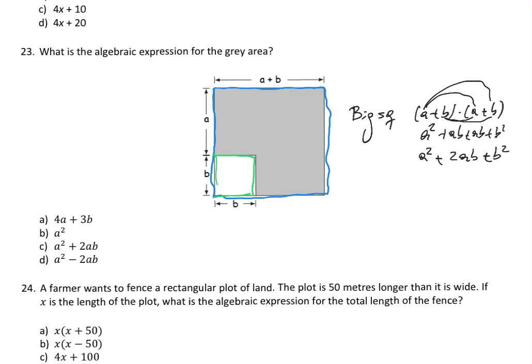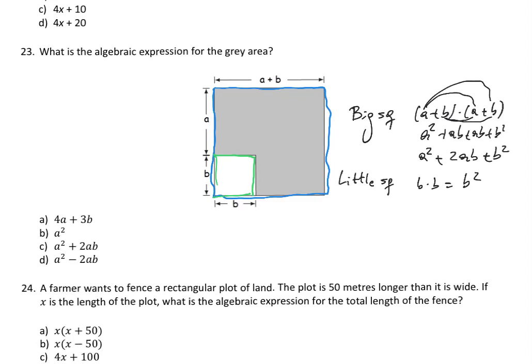Now, what about the little square? B times B, right? Just B times B, which happens to be B squared.